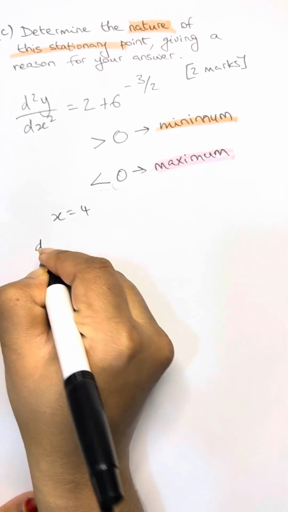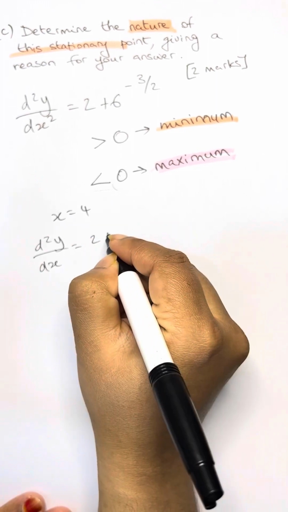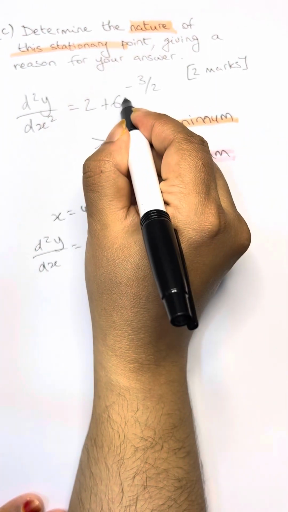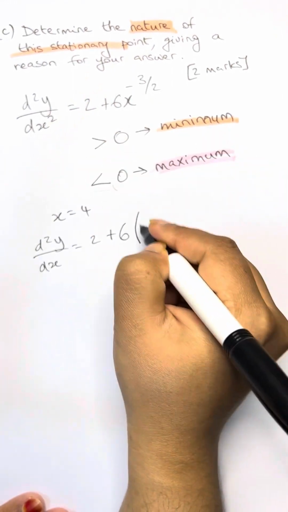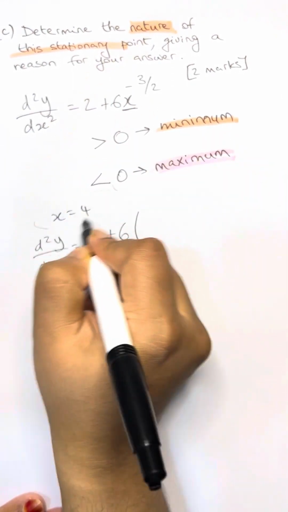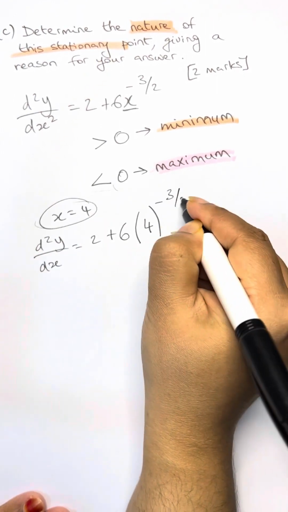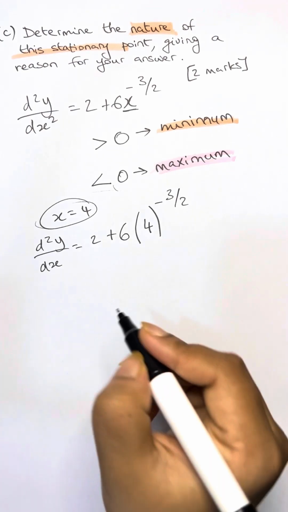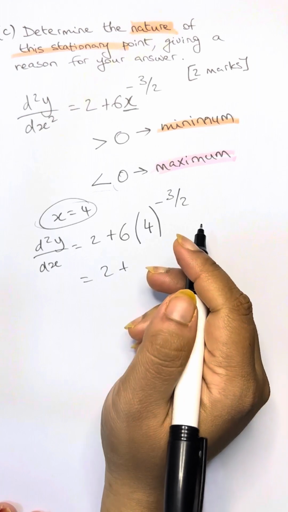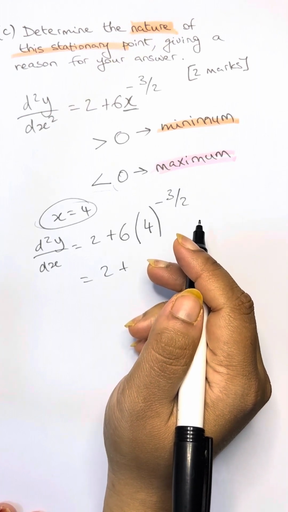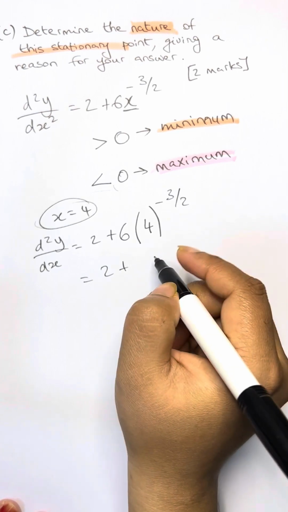So that's going to be d2y by dx squared equals 2 plus, I've forgotten to write the x here, my bad, sorry. So x, instead of the x, I'm going to put 4. Yeah, 4 to the power of minus 3 over 2. Okay, so now 2 plus 4 to the power of minus 3 over 2, that's going to give me 8, right?